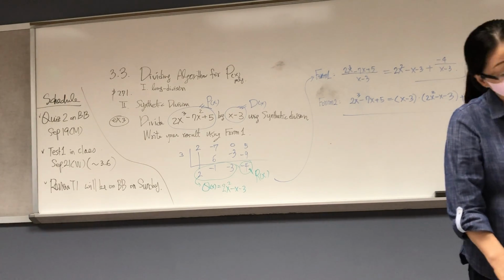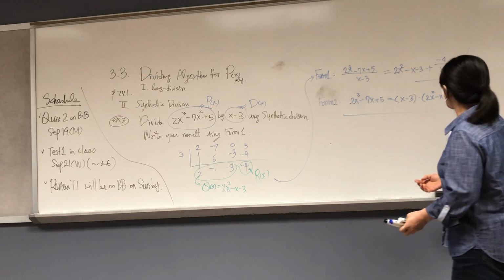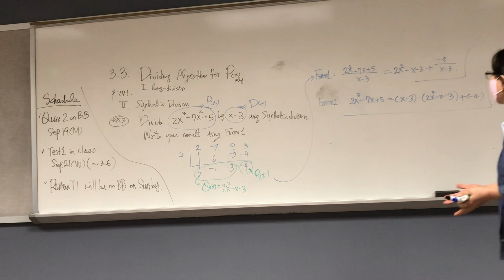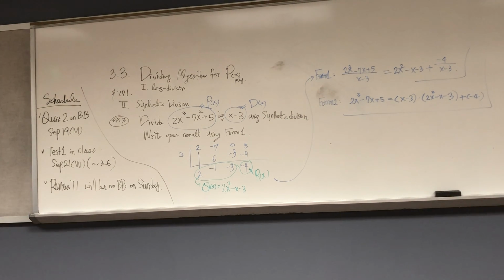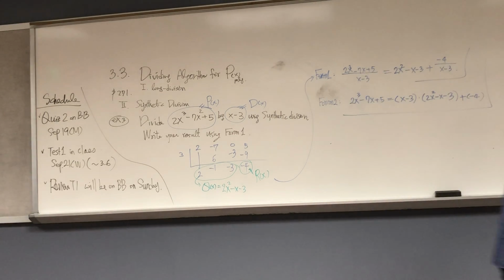Any question? Where do the negative 3 and the negative 9 come from? You are multiplying by the 3: the 2 times 3 gives 6, the negative 1 times 3 gives negative 3, the negative 3 times 3 gives negative 9. So it's like a zigzag technique.